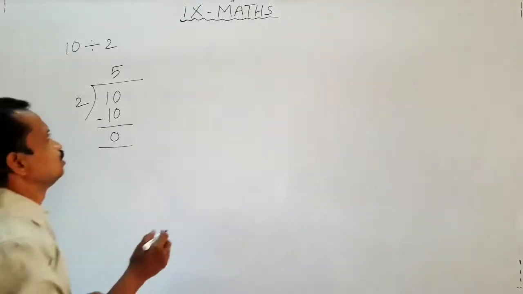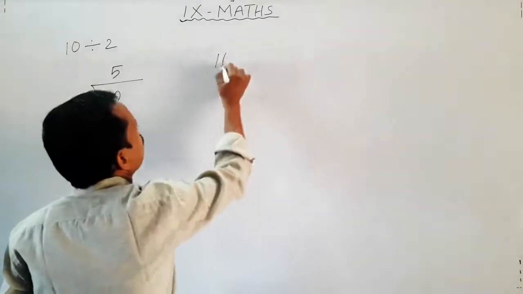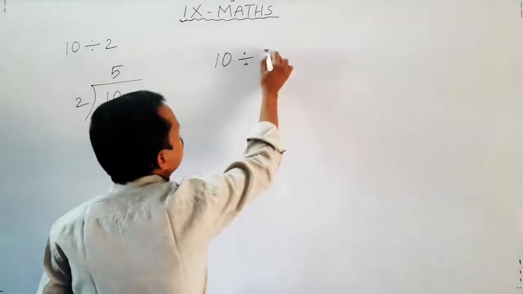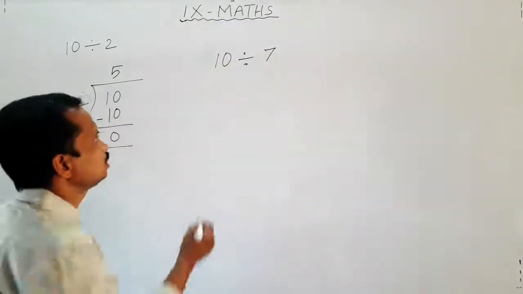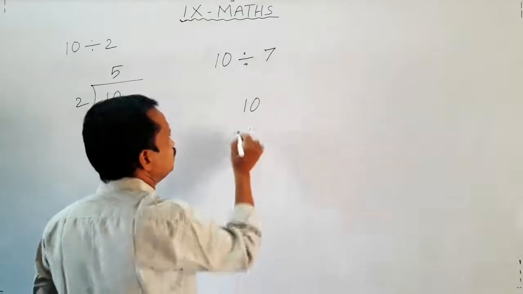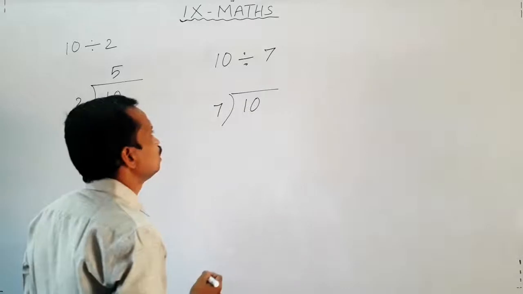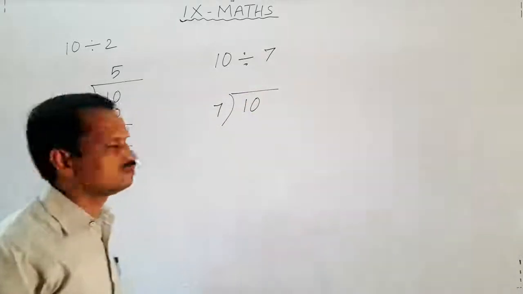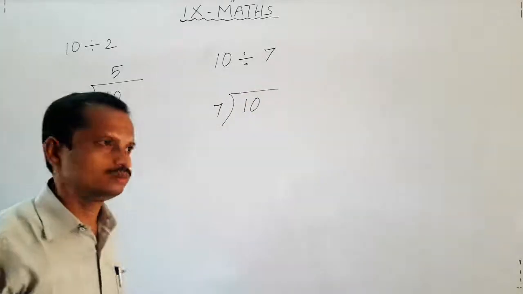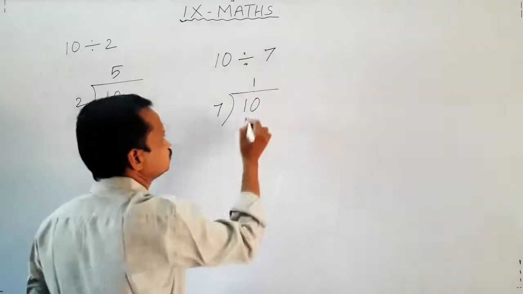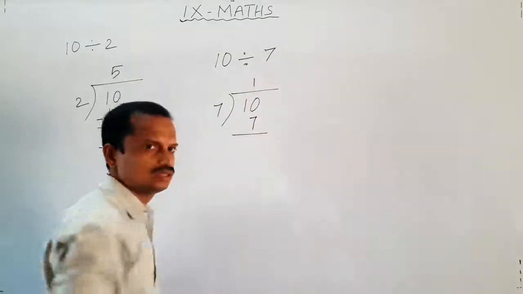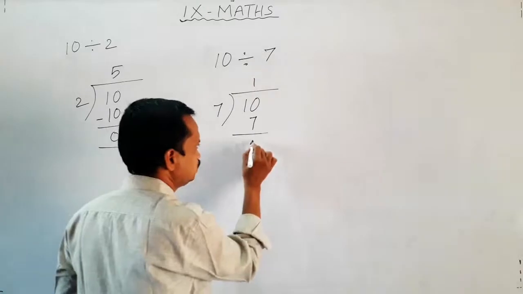Okay. Suppose 10 divided by 7. What happens? 10 is the dividend, 7 is the divisor. How many 7s are there in 10? Only 1. That we know. So 1, 7 7s are 7. What's the remainder? 3.